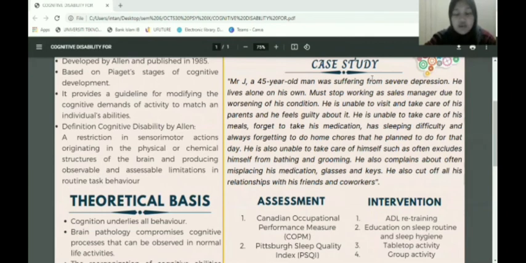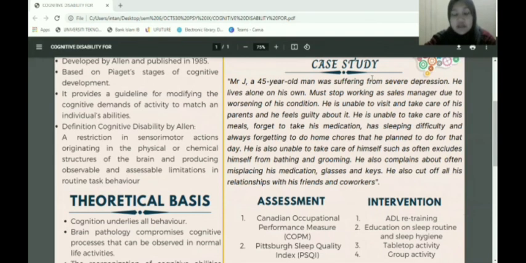Okay, so for the last problem that the patient has, he has a problem in social and communication skill. The short-term goal for this problem is to improve social and communication skill, and the long-term goal is to promote good social and communication skill.